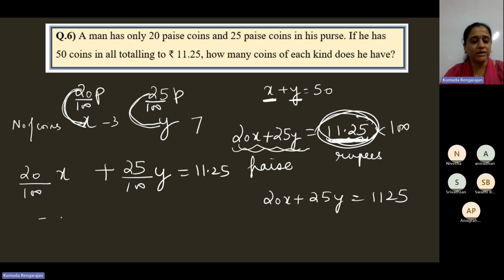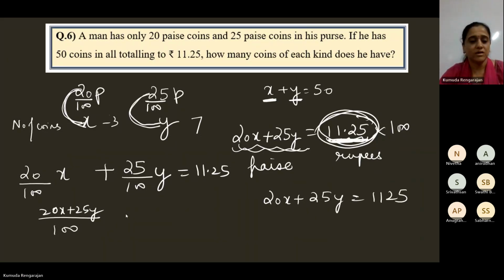So what's the common denominator? 100. Don't cancel, because they have the same denominator. Don't cancel 20 and 25. 100 is a common denominator. So you'll get 20x plus 25y is equal to 11.25.